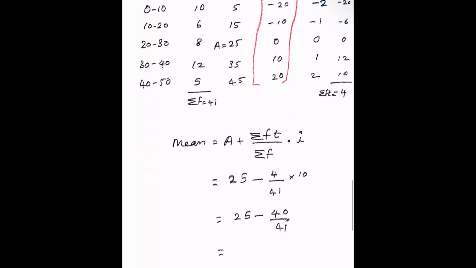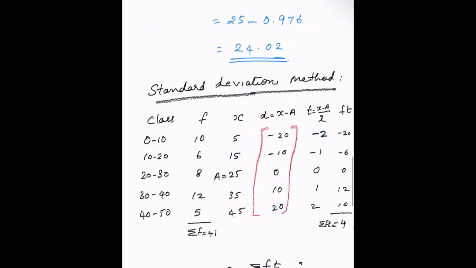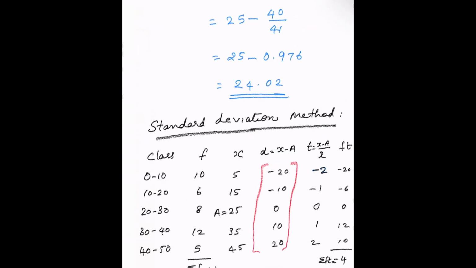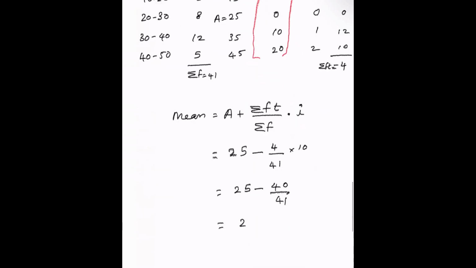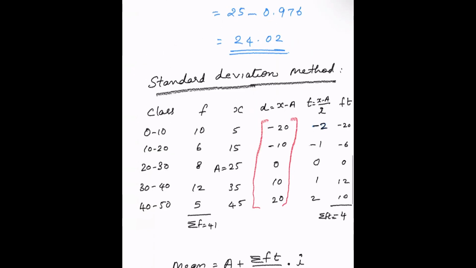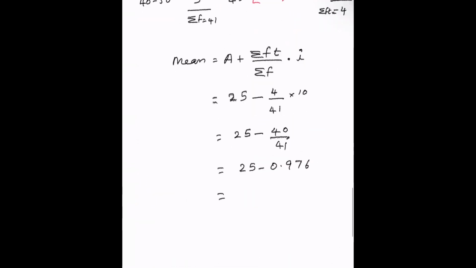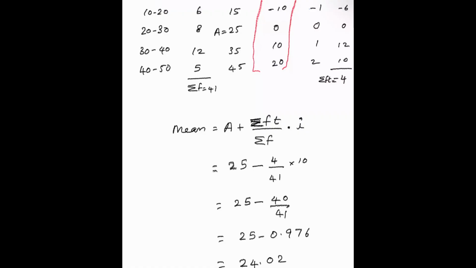So same thing. We can just take it from the previous question. It was 25 minus 40 by 41. So 25 minus 0.976, 24.02. So basically, whichever method you follow, you will get the same mean.